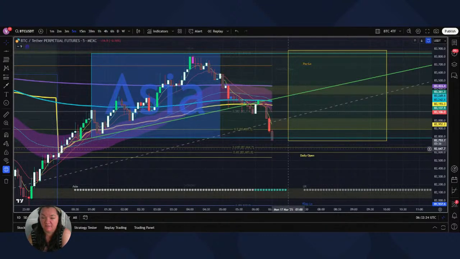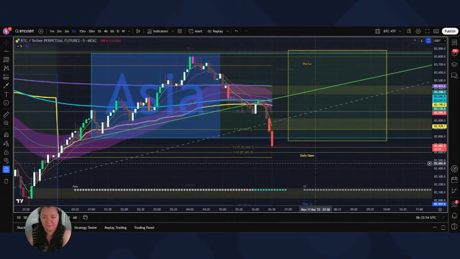And again, we do have the fib here as well. Again, see how these candles are forming now? These are market maker candles. So this is a market maker push. They are pushing this into a certain area for a certain reason. Also have the daily open right here.